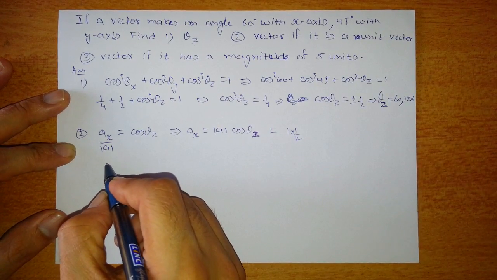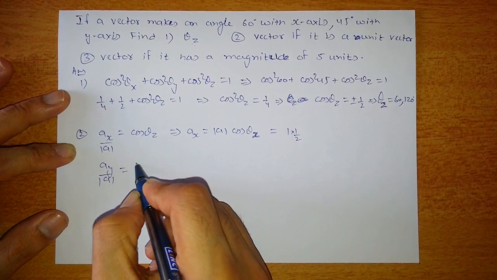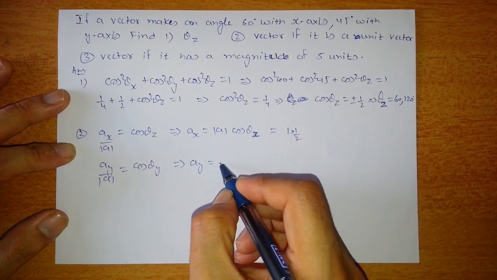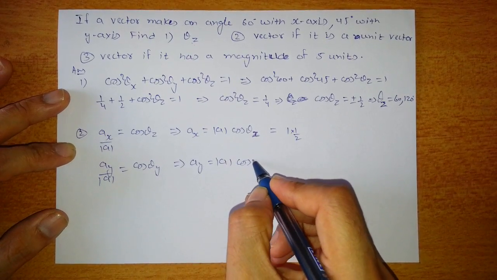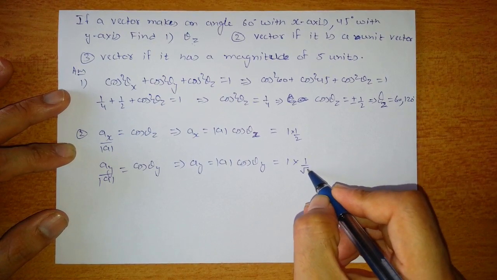Similarly, ay is magnitude of a into cos theta y, which is 1 into 1 by root 2.